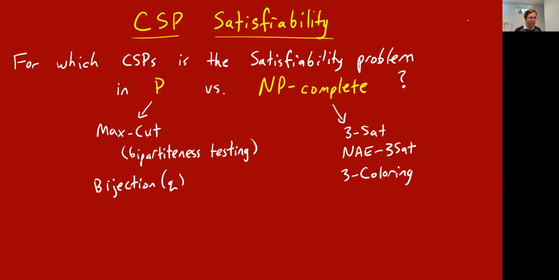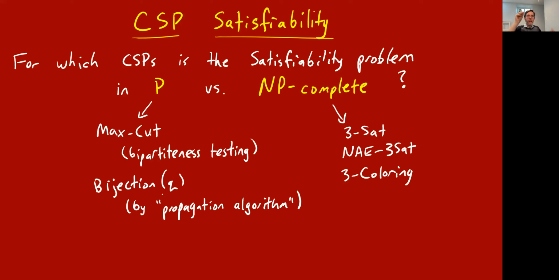In fact, this bijection problem I mentioned is in P. Deciding if an instance is satisfiable is in P, and the reason is basically some kind of propagation algorithm. This actually includes an algorithm for max cut, because max cut is a special case of this bijection problem. Why? Well, you can take any vertex in a bijection instance and try all the possible assignments for it.